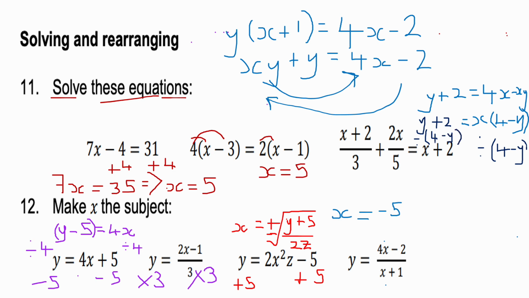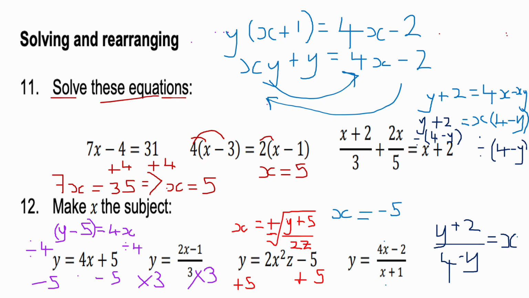So on the left hand side, I'd have y plus 2 all over 4 minus y, and that would have to equal x.